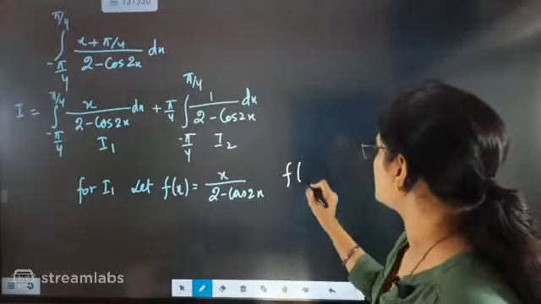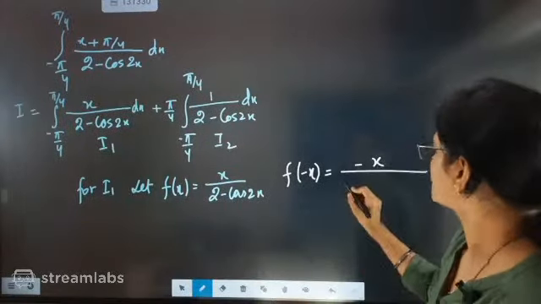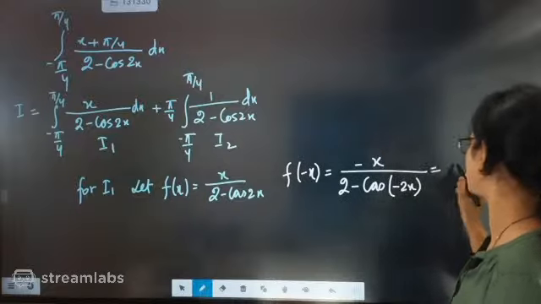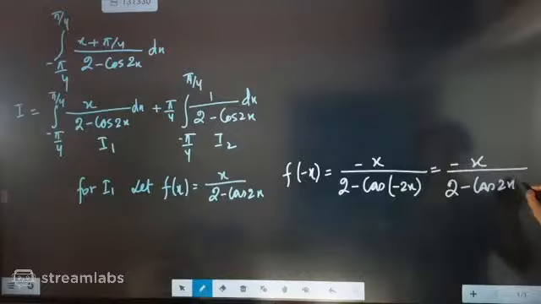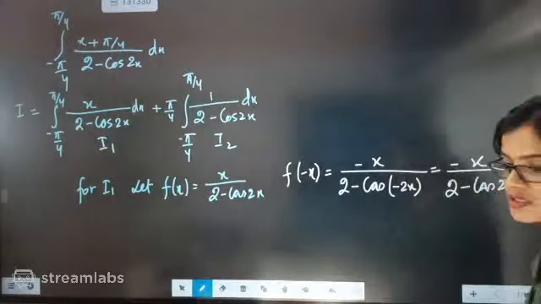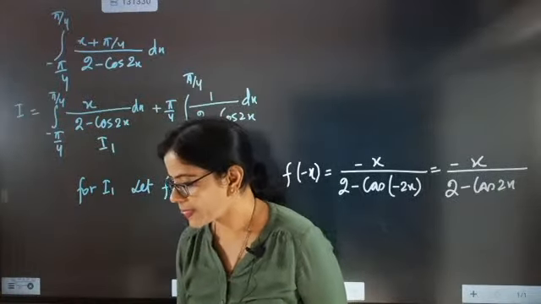Now here f of minus x is going to come as minus x by 2 minus cos minus 2x, so minus x by 2 minus cos 2x. So now you have to understand one simple thing here. Sarvana, what is the answer coming? Mahesh is telling the answer is pi.